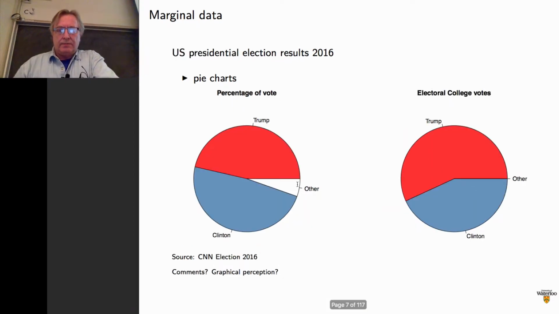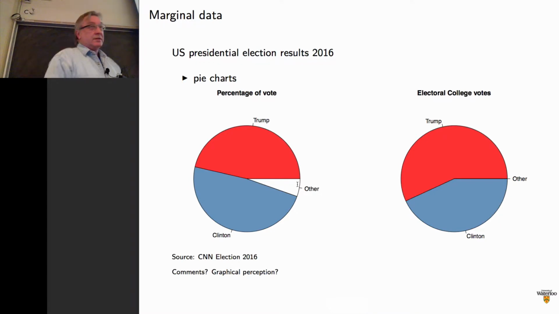So if you're interested in the American election, 2016, we have the percentage of the vote on the left and the number of electoral college seats. This on the right is what determines the presidency.